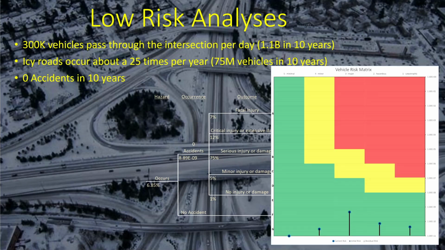Now that we don't, what we're intending to communicate in this risk matrix is that those blue circles with the black dots in them that are labeled the current risk, what we're saying is this is the highest risk that we can believe might exist and still give us 0 accidents over 10 years.